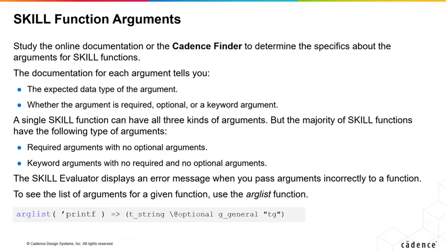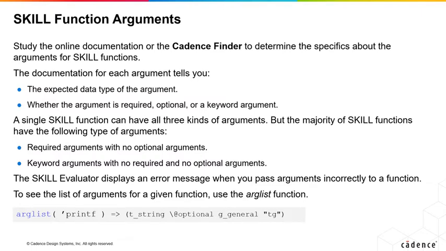That's the prefix, so whether it's a text string, an integer, or a floating point, and then whether that argument is a required parameter, optional, or keyword. Now a single Skill function can have all three kinds of arguments, but the majority of the functions have the following types. Typically they're required arguments with no optional arguments, or they're keyword arguments with no required and no optional. But again, they can be intermixed. Typically though, you'll see either required or keyword.